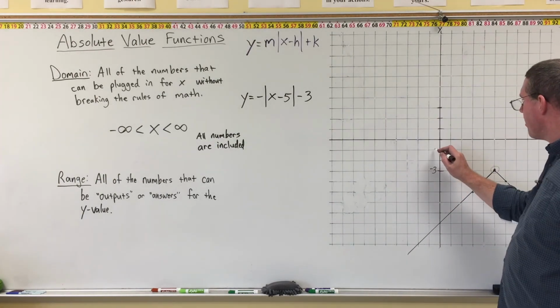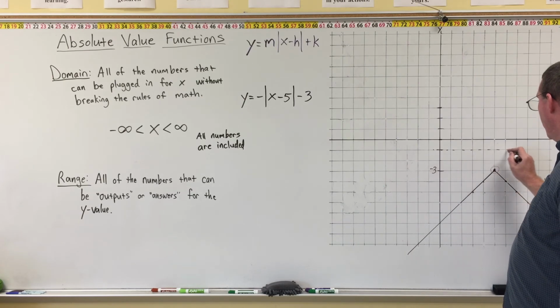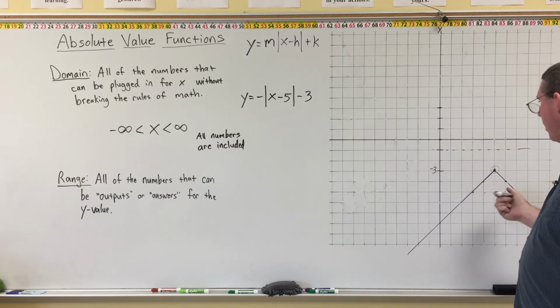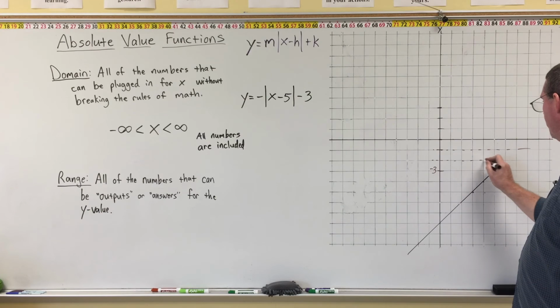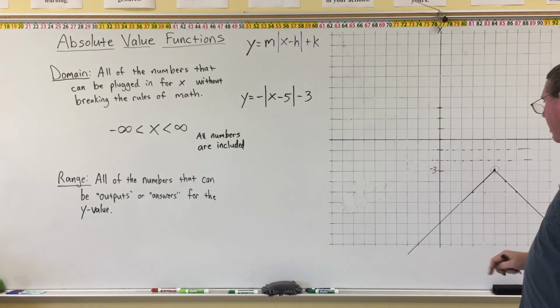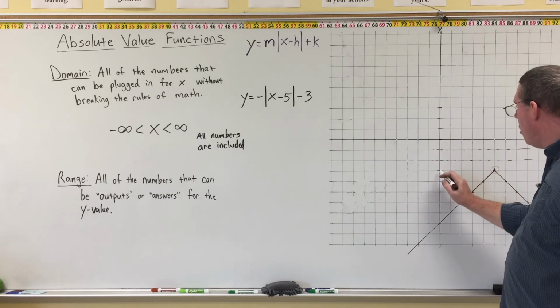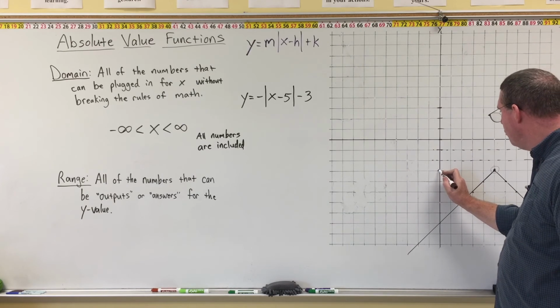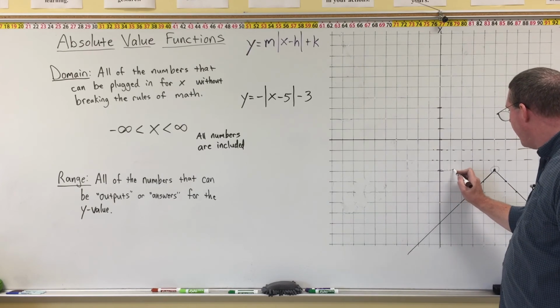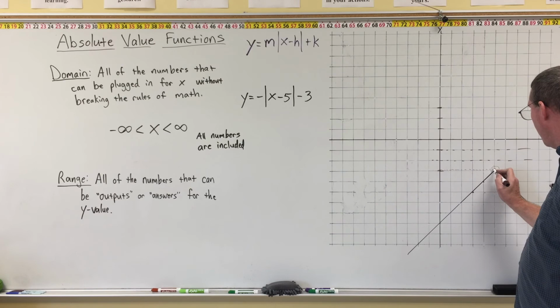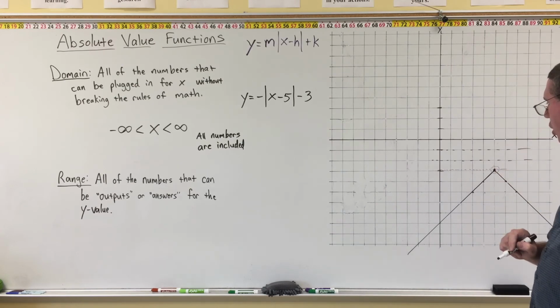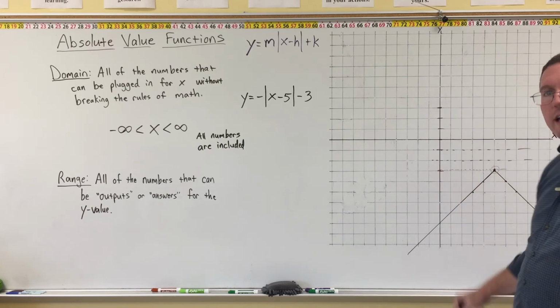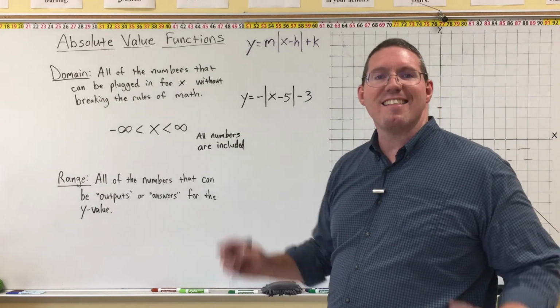But look at this. If we go across at negative 1, the absolute value graph is not there. If we go over at negative 2, the absolute value graph is not there. Even at negative 2.999, the point is just below that.